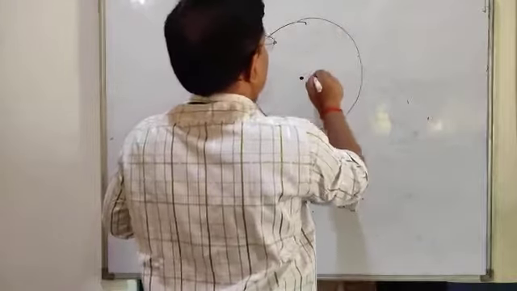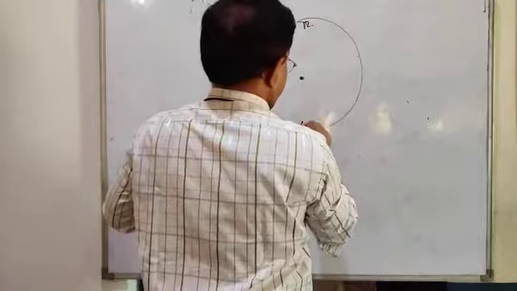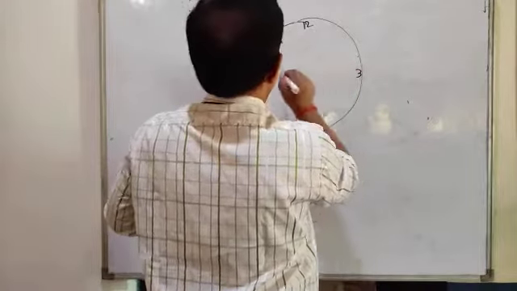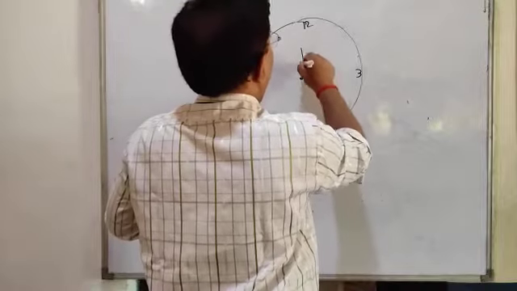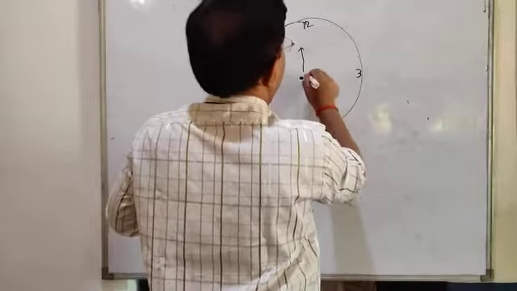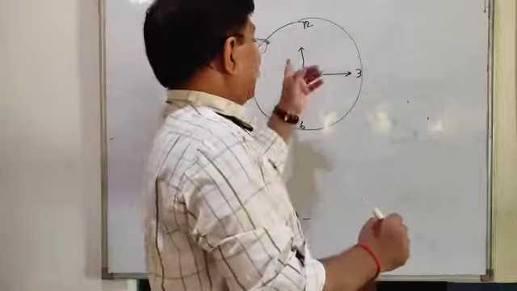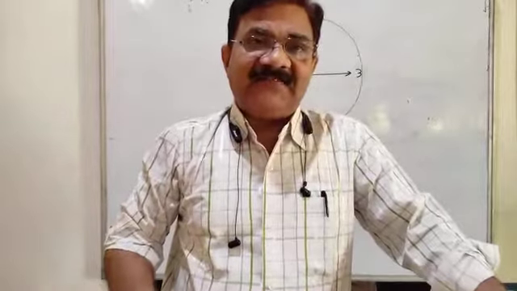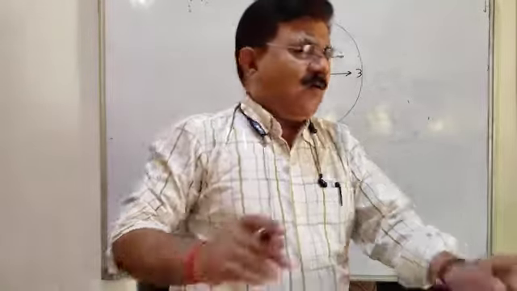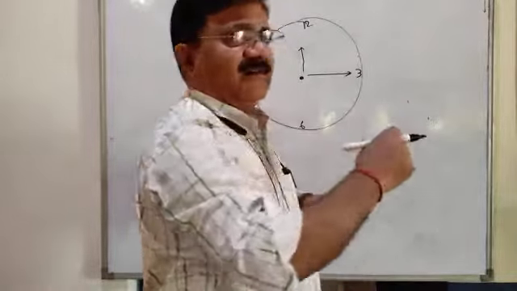This is, suppose, 12 o'clock, 6, 3, 9, and a small hand is here. Now my question: what is the angle formed between the minute hand and the hour hand? How many minutes does it cover?